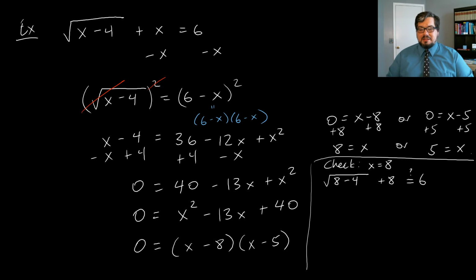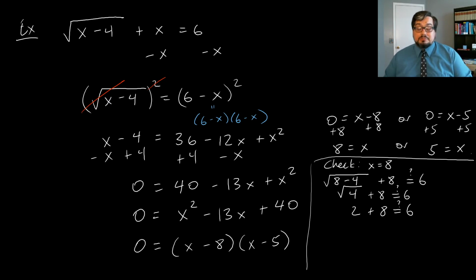Well, simplifying this, that will be the square root of 4 plus 8, and we ask, is that equal to 6? Square root of 4 is 2, and so we ask, is 2 plus 8 equal to 6? And it's just not. 2 plus 8 is 10. 10 is not equal to 6. So that doesn't work. So that means that x equals 8 is not a solution. We're going to eliminate that one.